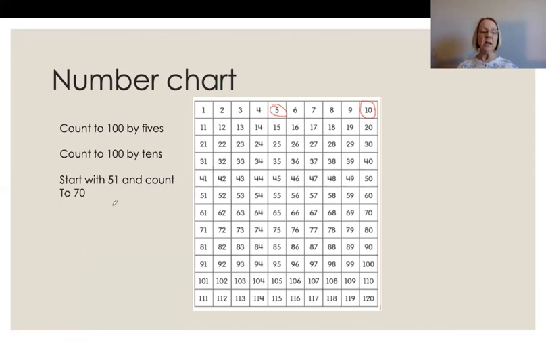All right, the next one says start with 51 and count to 70. So we want to start with the number 51 and we want to count to the number 70 by ones.